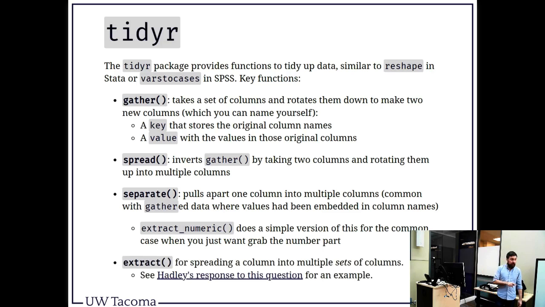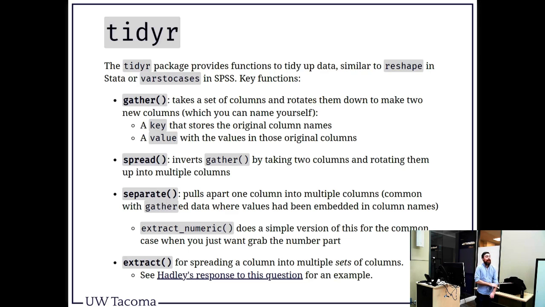There's also one I don't use a lot, but people do find useful if they work with a lot of wide data. Extract will spread a column into multiple sets of columns. So let's say you have a very large, wide data set like that Denver youth survey I talked about.